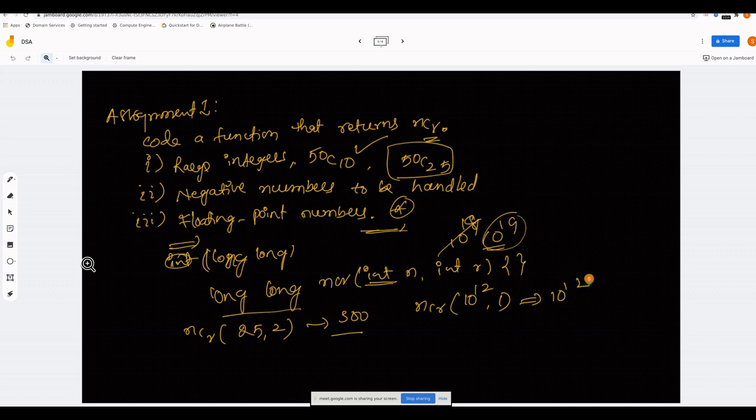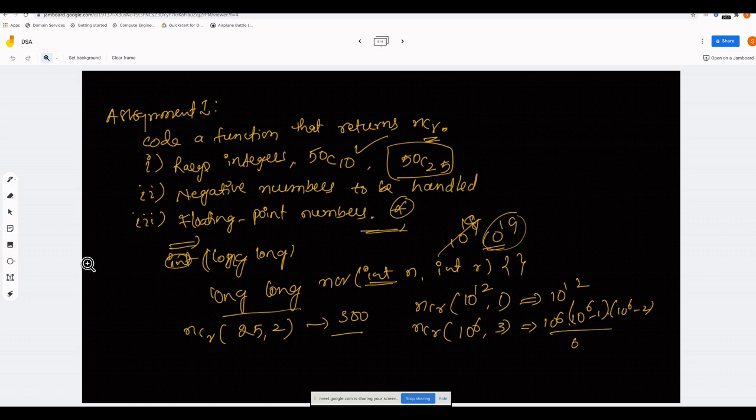And if I say nCr of 10 power 6 comma 3, this should return 10 power 6 into 10 power 6 minus 1 into 10 power 6 minus 2, divided by 3 factorial. So this is the expectation, and this covers the first part. Okay, and then, I think now I understood your question, Satyajit.